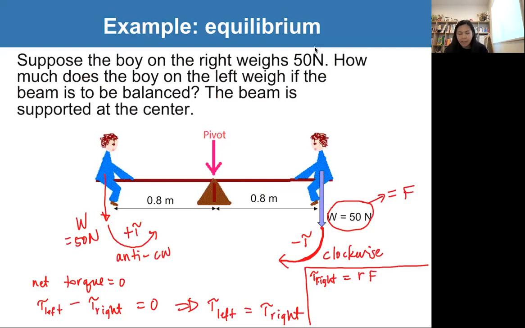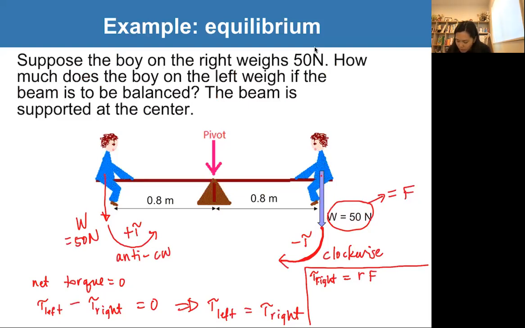Now, how do we find the moment arm? What's the moment arm for finding the torque of the buoy on the right? What do you think is the value of the moment arm R for this 50 newton weight force? Yes, 0.8 meters, because this weight force is directly downwards.